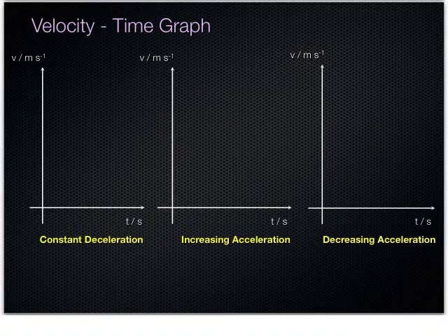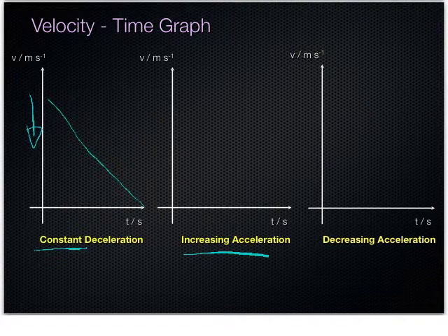Constant deceleration: then we're slowing down, we're decreasing our value, and because it's constant, the change per second is always the same. So it's a nice straight line at an angle down that way. Increasing acceleration: we're getting faster, so we're raising our number up this side, and the speed at which we're doing that is getting faster.